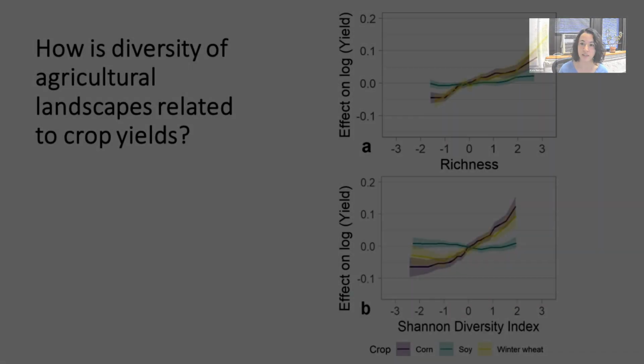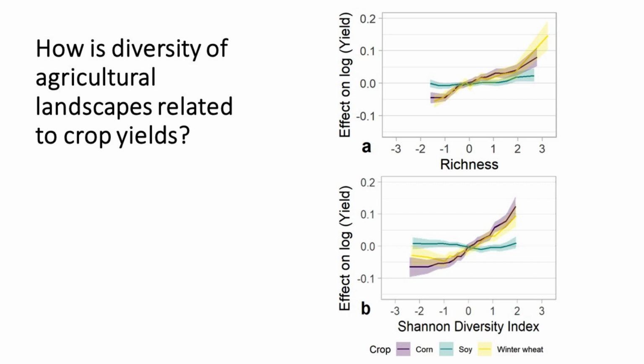What this modeling generally shows us is that, as I mentioned, there are multiple different types of diversity metrics, and the relationships between yields and diversity are slightly different for different metrics. On the top, we have a metric called richness, which is just the count of unique land uses.